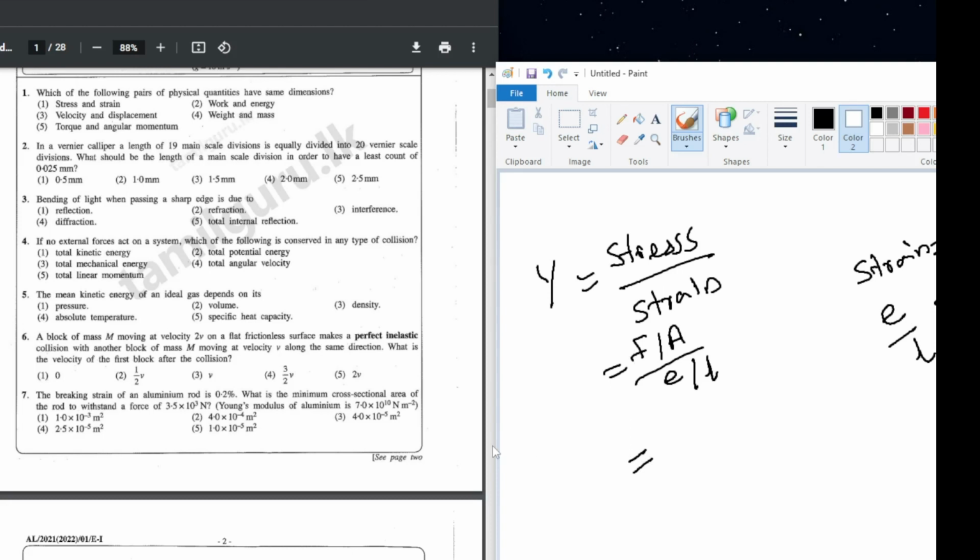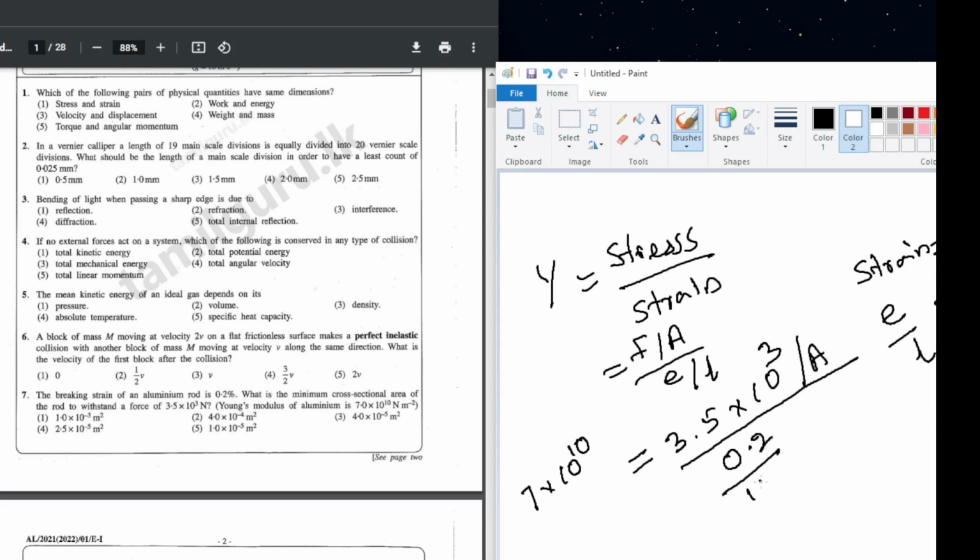Now we substitute the values. 7 into 10 to the power 10 equal, force is 3.5 into 10 to the power 3 divide by area divide by 0.2 over 100.